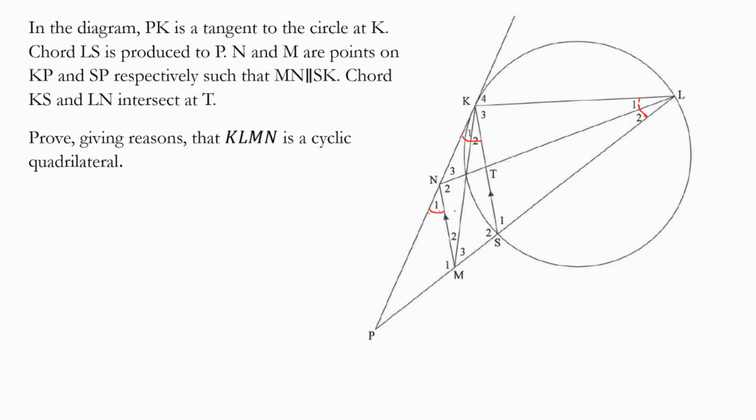Angle N1 is equal to angle NKS. They are corresponding angles since MN is parallel to SK.